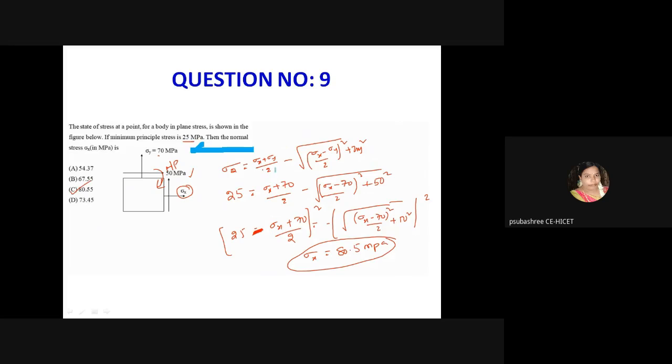So sigma 2 is equal to (sigma x plus sigma y) by 2 minus the root of ((sigma x minus sigma y) by 2) the whole square plus tau xy square. Here the minimum principal stress is sigma 2, so sigma 2 is 25.